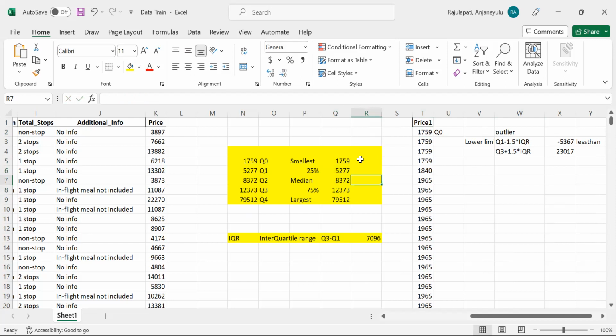The difference between the smallest and 25 is around 3,000, and median and 25 is also around 3,000, and median and 75 is around 4,000. So the range is considerable.